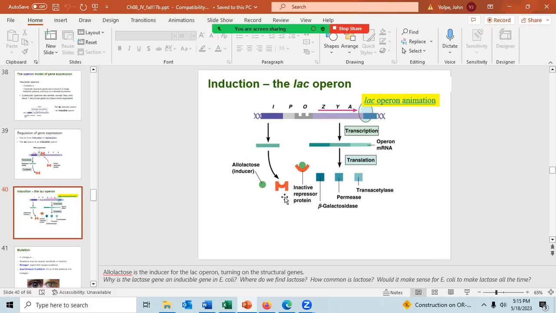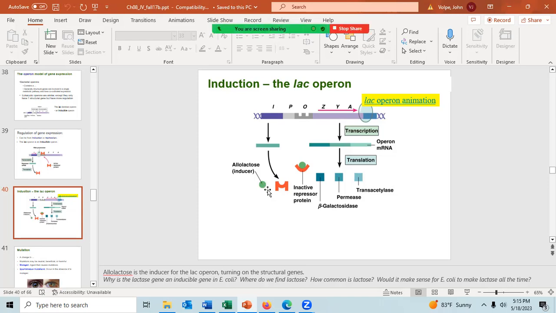and then when the sugar lactose is around, the sugar lactose is an isomer of the sugar allolactose. And if you don't remember what an isomer is, it's the same chemical structure. It's just one is left-handed, the other is right-handed. Is that clear? And whenever the sugar lactose is around, the sugar allolactose is around.